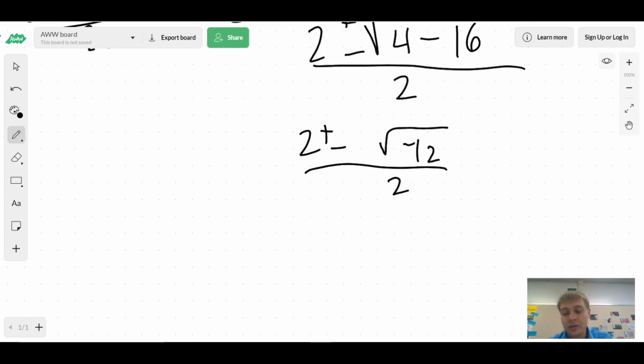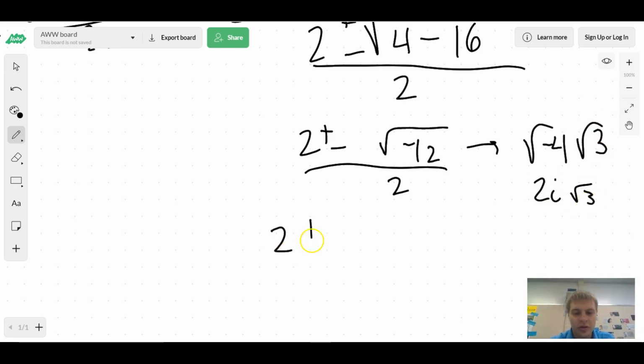Normally we could stop here, but on the test they're going to make us simplify this just a little bit more. So if you think about what makes up negative 12, it's made up of negative 4 and 3. The square root of negative 4 would be 2i, and the square root of 3 is just the square root of 3.